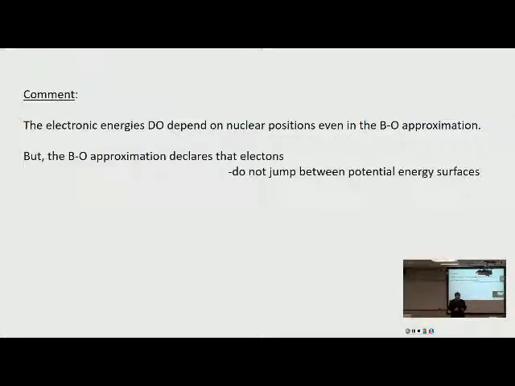They kill the transitions between potential surfaces, but they do not kill the dependence of interatomic forces on which surface we are on, and it doesn't kill the dependence of electronic energies on how far we displace the nucleus, right? Good.